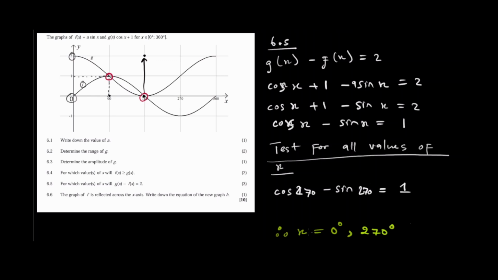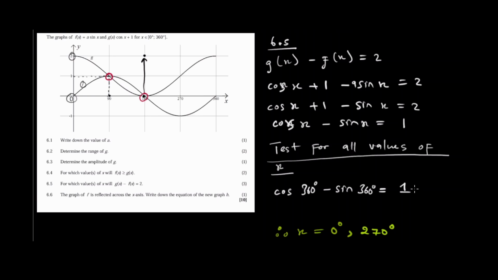And lastly, when we try 360, we want to see if it's equal to 1. So what is cos of 360 minus sin of 360? It is equal to 1.